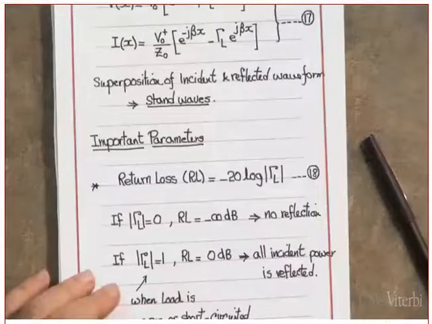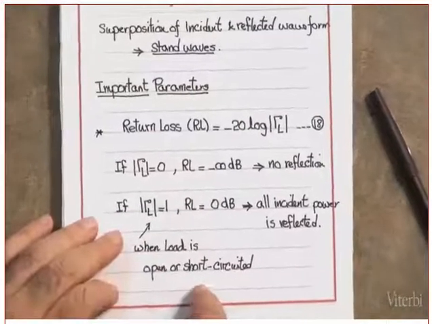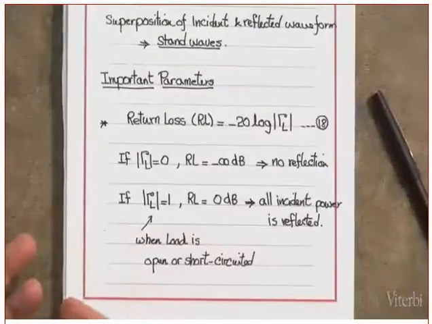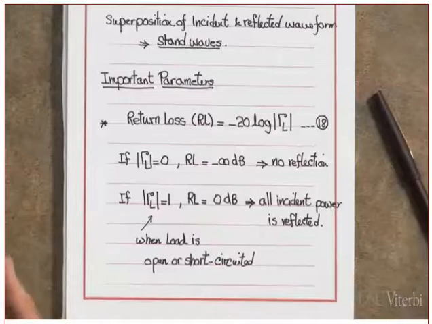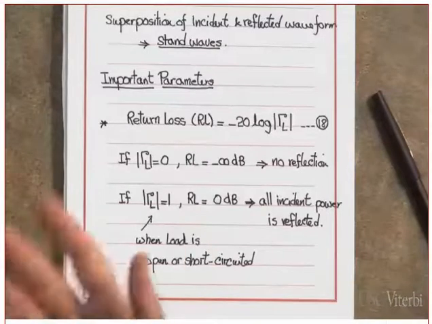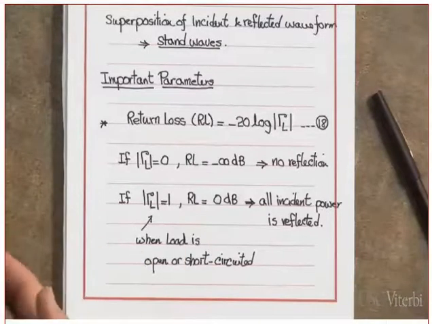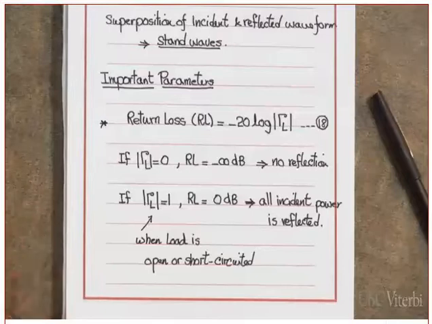Okay. So in other words, either the load is open circuit or short circuit. Now you might say, why am I putting a short circuit or an open circuit at the load? We will see when we get to the use of the transmission line as a matching circuit. We'll get to it.